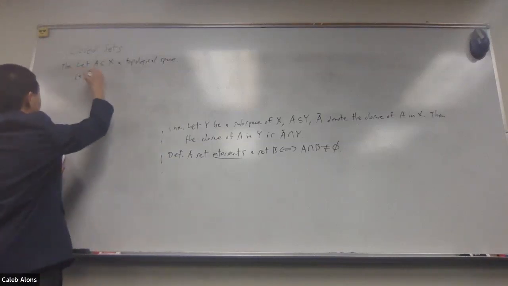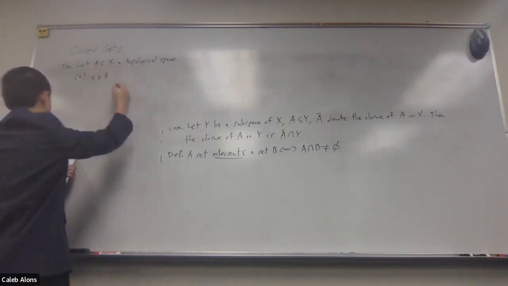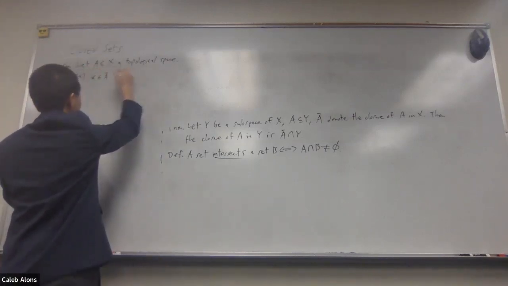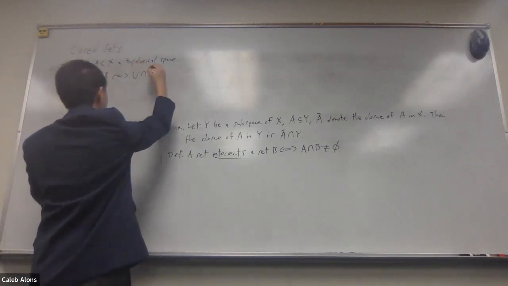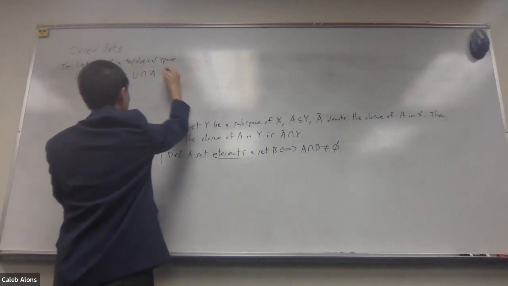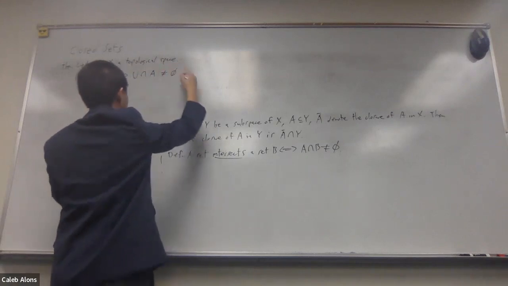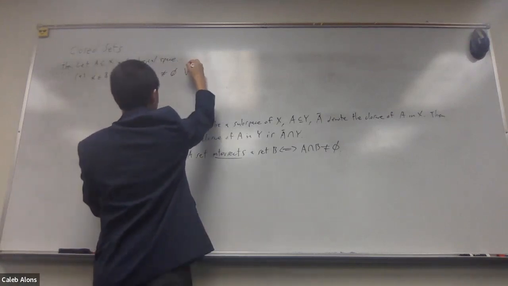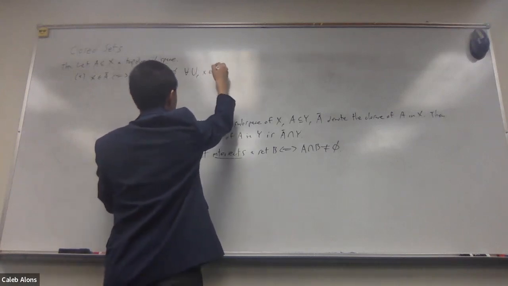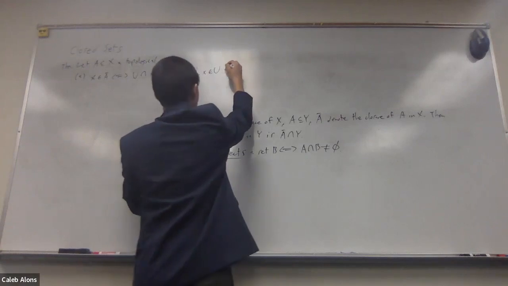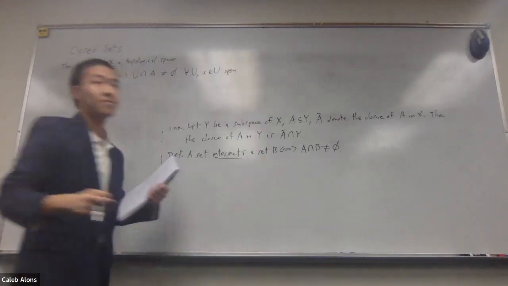So the first thing is that if we have an element x in the closure of A, that's true if and only if the intersection of U with A is not empty for all U containing x where U is open.